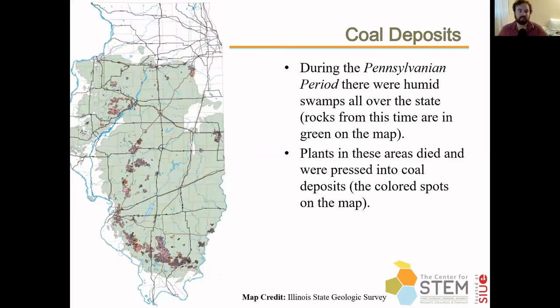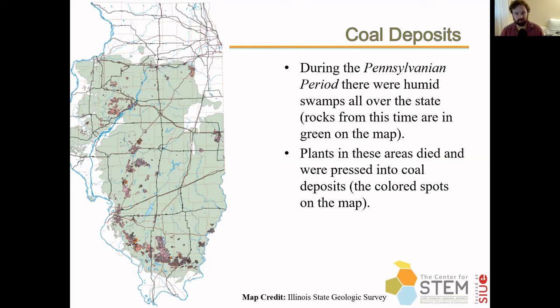Now, following that, the oceans retreated a little bit, and instead of a deep ocean, it was sort of a coastal area, much like Florida or other parts of the Gulf Coast today. There were some swamps along the coast, and those swamps had trees and other things that lived and died there.